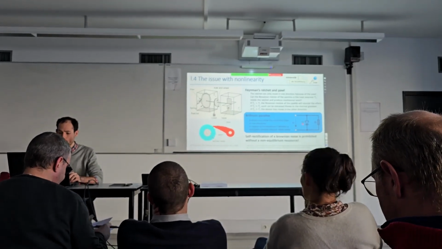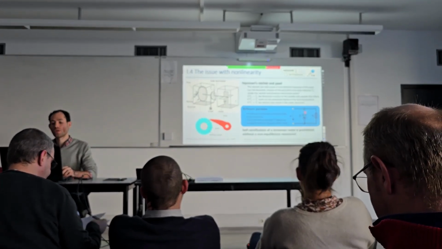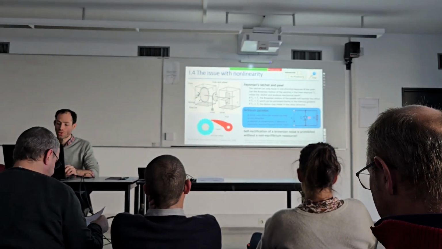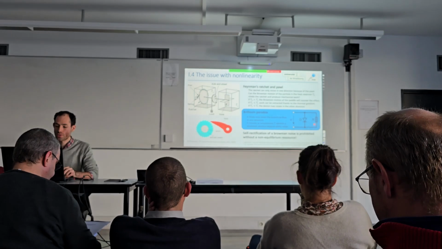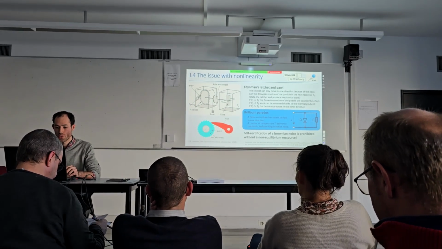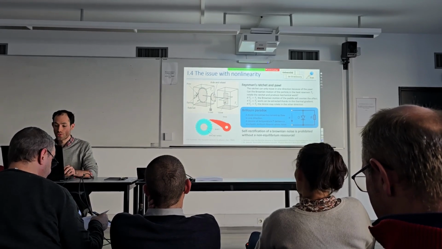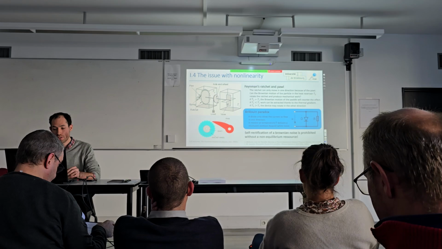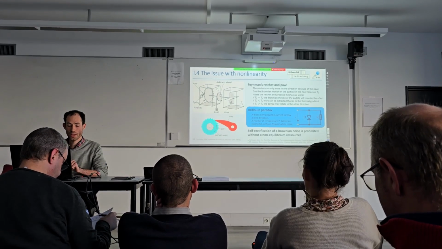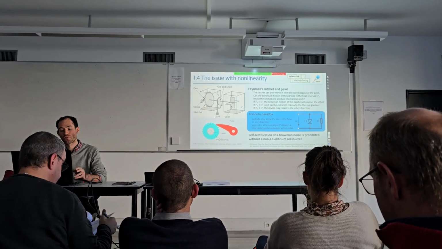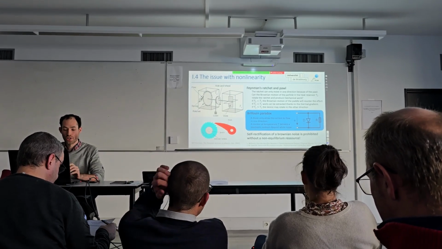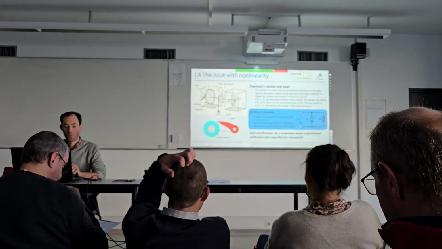Sokolov showed that this was not the case because you have the thermal fluctuations of the diode that counteract the thermal fluctuations of the resistor, thereby nullifying the power if there is no temperature gradient between the diode and the resistor. And so, in conclusion, self-rectification of the Brownian noise is prohibited without a non-equilibrium resource.